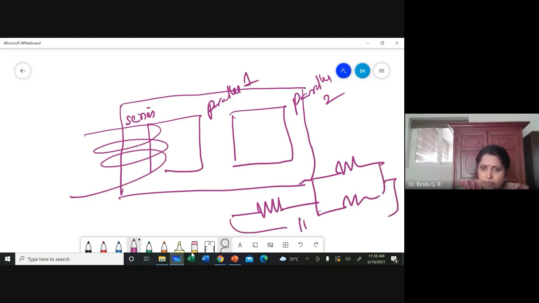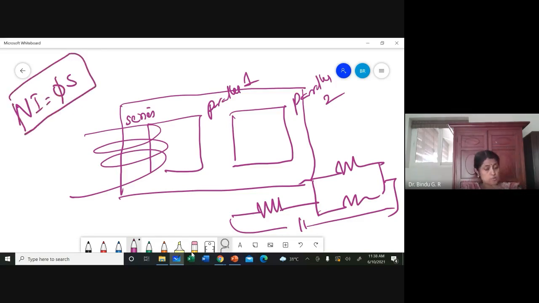So always remember that Ni is equal to Phi S is the equation that you're going to use, if it is a series circuit or if it is a series parallel circuit also. Always your attempt is to find out this reluctance and then find out this. And in the parallel path, Phi1 S1, Phi2 S2 will be equated, and then find out any of the unknown quantities.